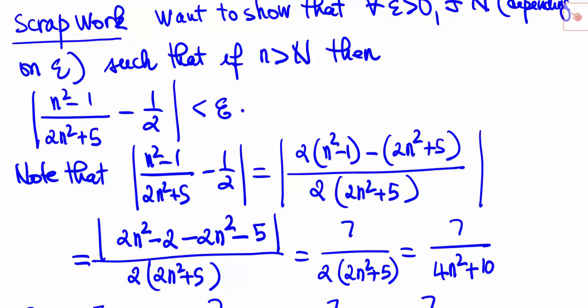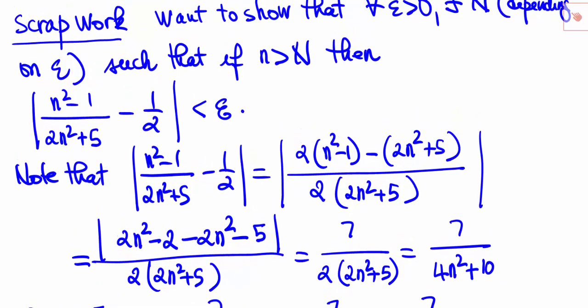Okay, now if you attempt to make this quantity less than epsilon, you will want to solve this for n, right? But this involves solving an inequality involving a rational expression with a quadratic in the denominator, and that can be tough. So instead of doing that, let's make our job a little easier by estimating this expression from above by a simpler expression.